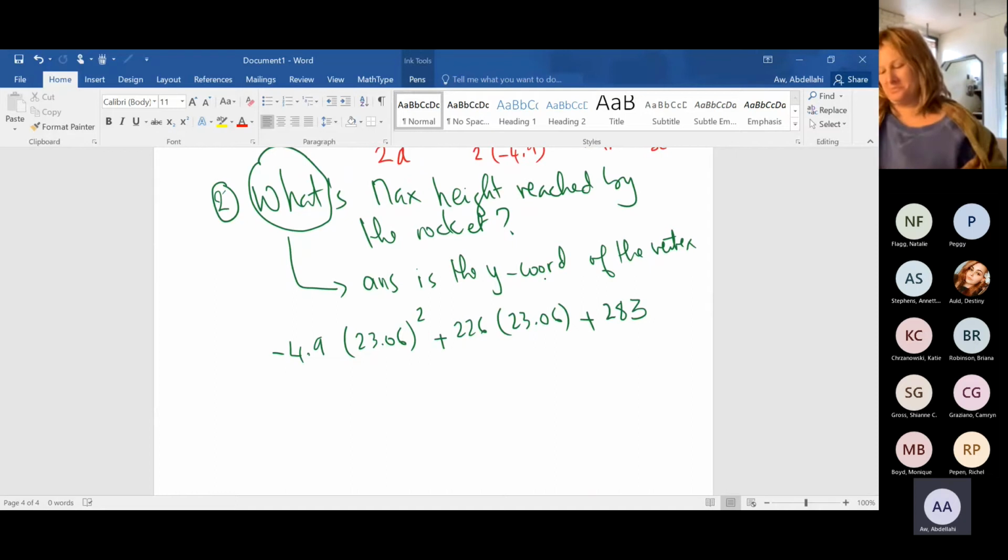It's 23.06 squared times negative 4.9, plus parentheses 226 times 23.06, close it, plus 283, is 2888.9, right?